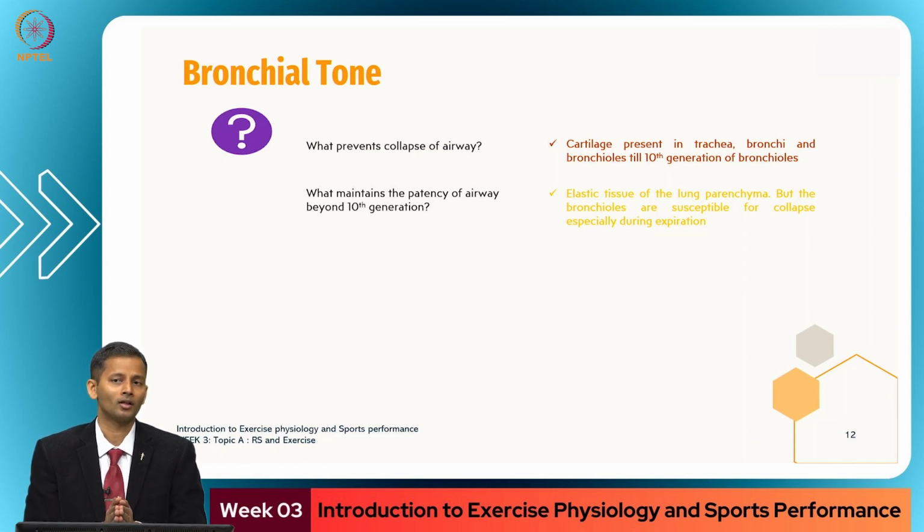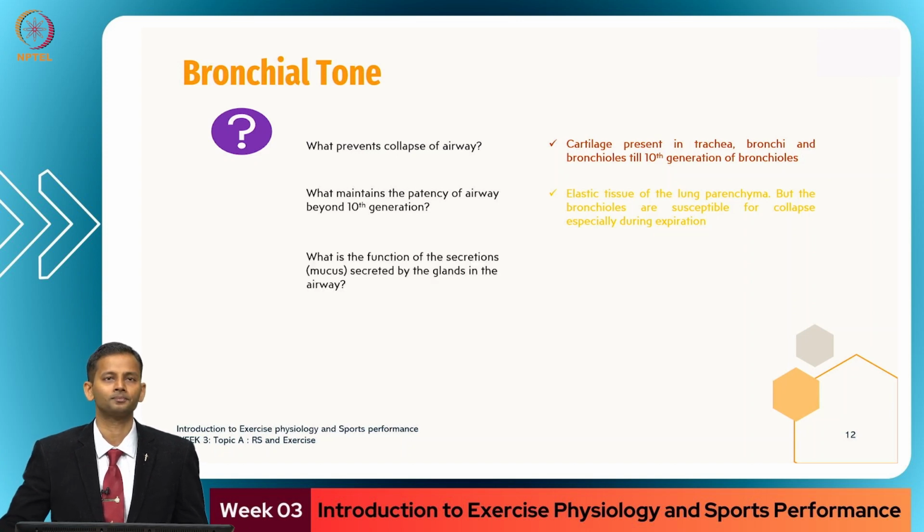However, it's something like a balloon. Imagine that you have blown up air and then you have closed the mouth of the balloon, so the air is filled inside the balloon. The moment you leave it, automatically the air escapes out and then it collapses, right? The same thing happens in the lungs. So when you are breathing quietly, the expiration happens automatically because of the elastic nature. So the chances of collapse are there in certain conditions during expiration.